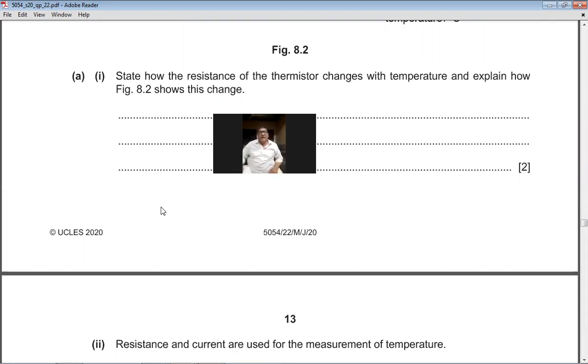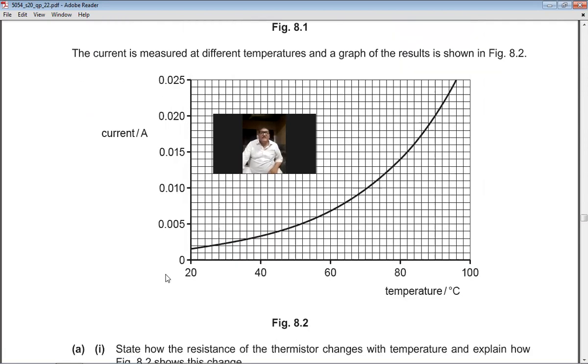If you look at this diagram, as the temperature is increasing, the amount of current is also increasing, which means that the resistance of the circuit is decreasing. How can the current be increased? The battery's EMF is constant.